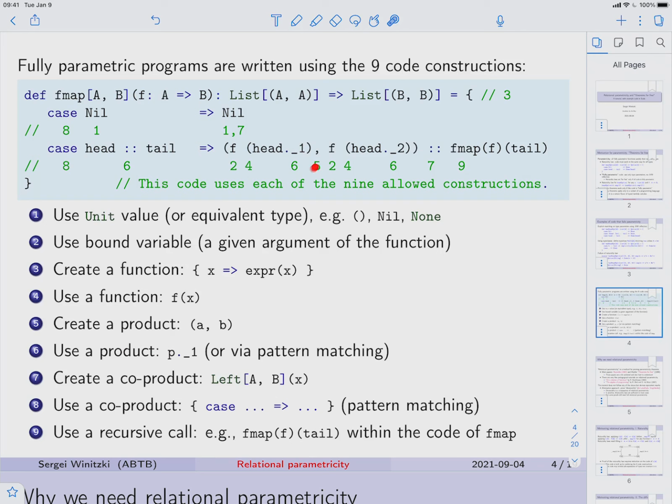So here's, for example, construction 5, you're creating a new tuple. And here's construction 9, you're using a recursive call. So this code uses each of the 9 allowed constructions. So this is just an example to illustrate what it means to write fully parametric code. So these are the 9 constructions that are allowed.